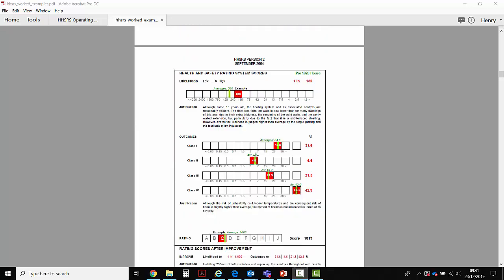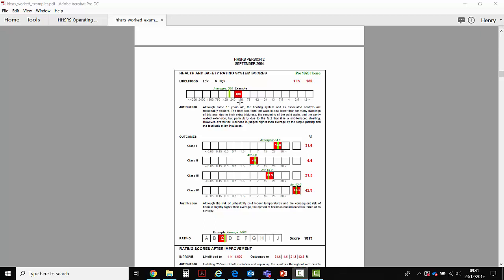So if we look at the likelihood, the national average is 1 in 330. So they've chosen a representative scale point that's a little worse than the average, because the average property by now, if it's a Victorian period terrace, will probably have some loft insulation in.